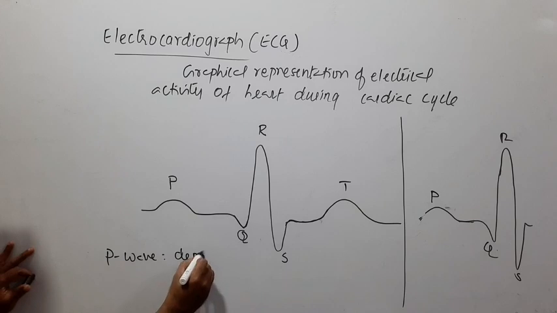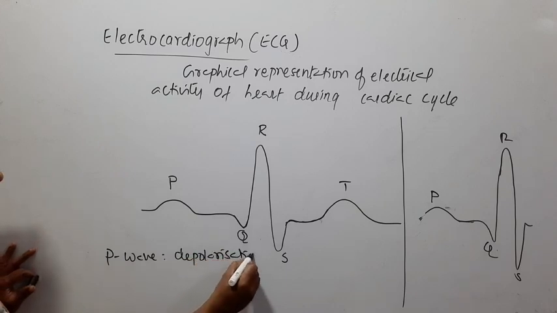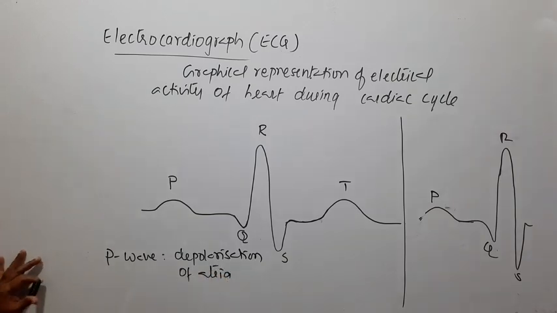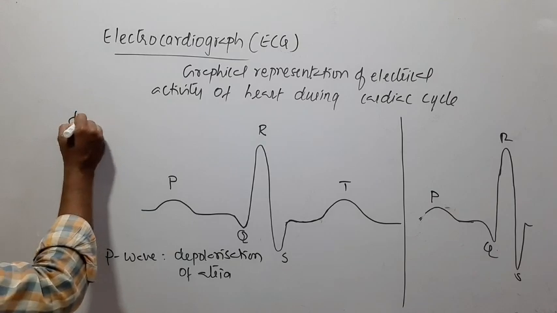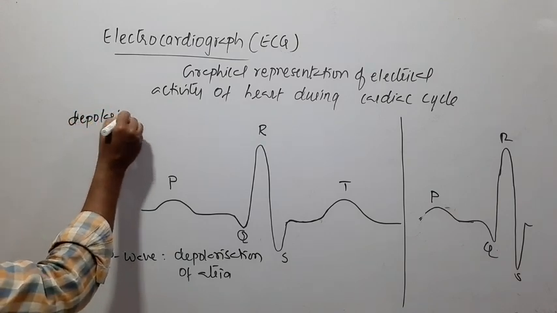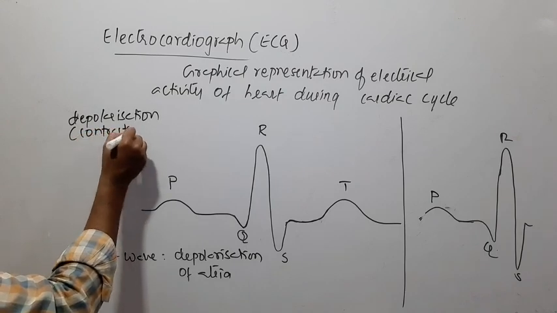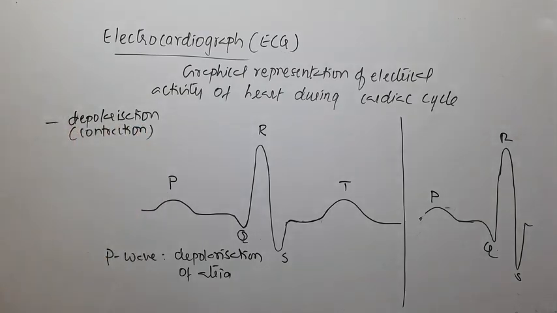So here the P wave represents the depolarization of atria. Here depolarization means the contraction of the heart. So we need to take the depolarization as contraction.